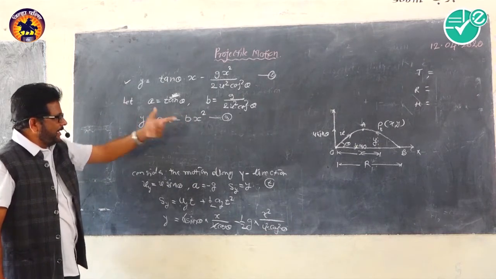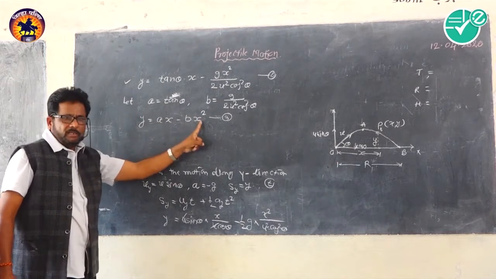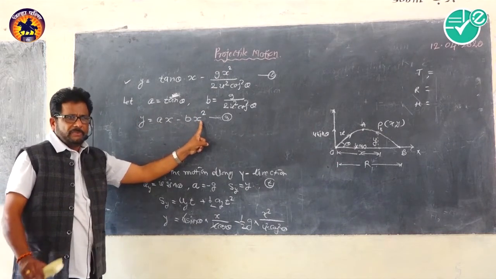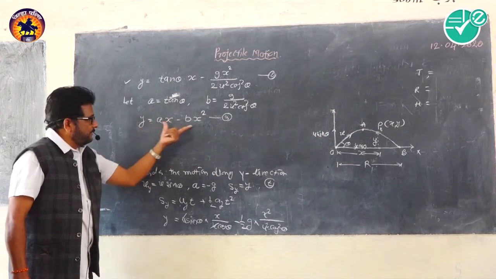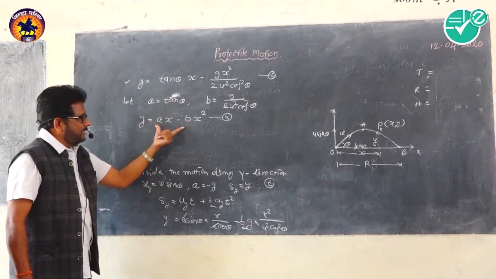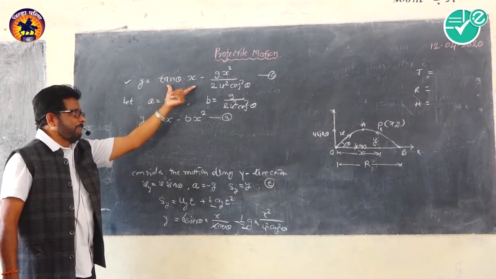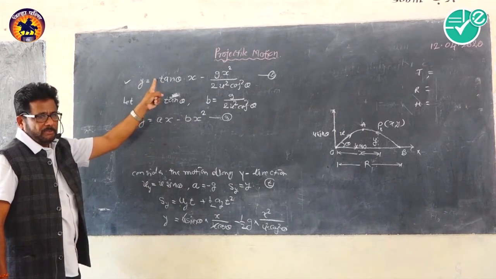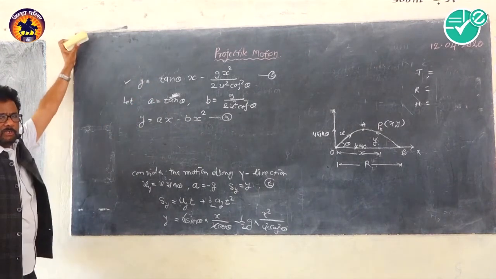The relation between one coordinate y and another coordinate x square or vice versa is called the equation of parabola. So this is the equation of parabola, and this equation is derived from the previous equation. That means the path of the projectile is the parabolic path.